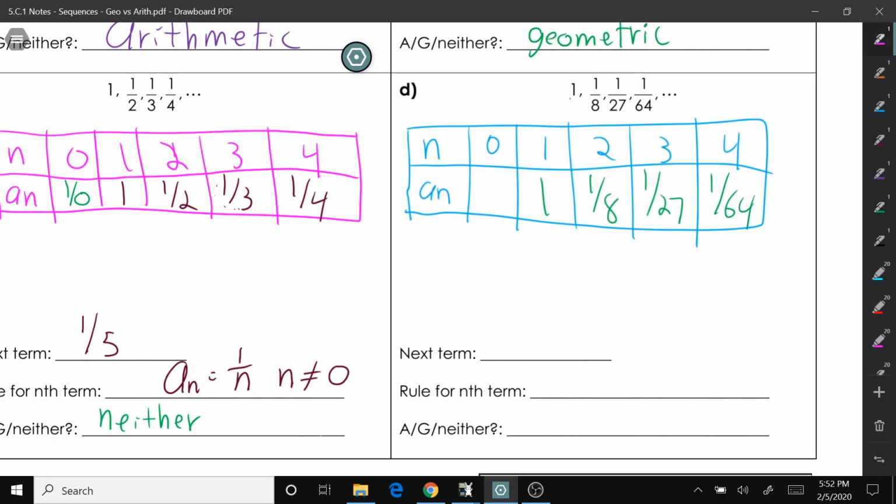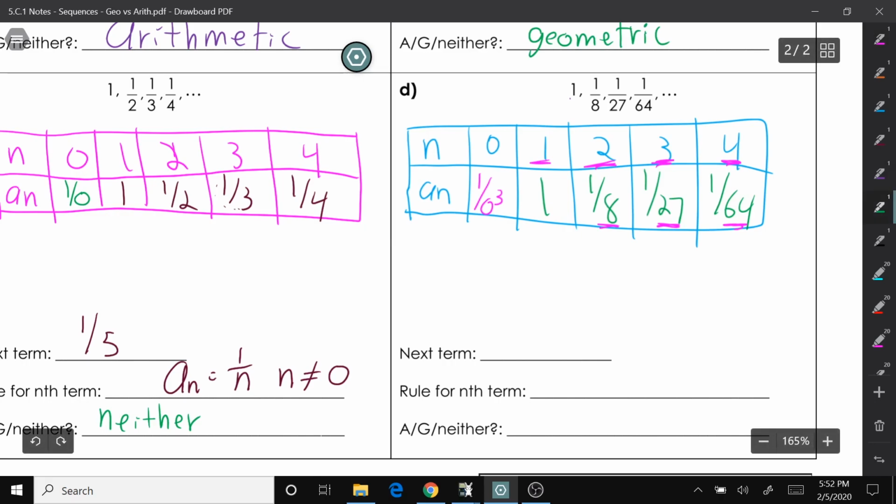So what I've noticed is that 4 to the third power is 64. 3 to the third power is 27. 2 to the third power is 8. Well, 1 to the third power is 1, and 1 over 1 would be 1. So this one would actually be 1 over 0 to the third power, and that'd be undefined.